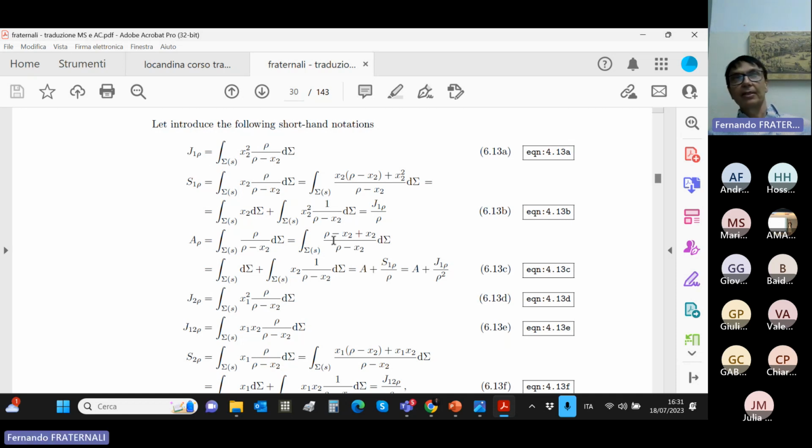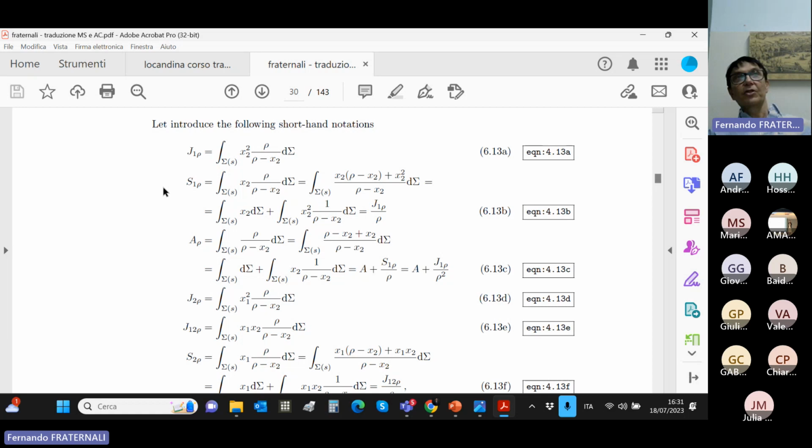Actually, S1 rho is x2 multiplied by the factor rho over rho minus x2. And then we have the reduced moment of inertia, which you can demonstrate by a trick again, writing x2 times rho minus x2 plus x2 squared.